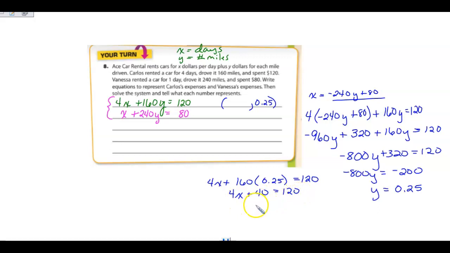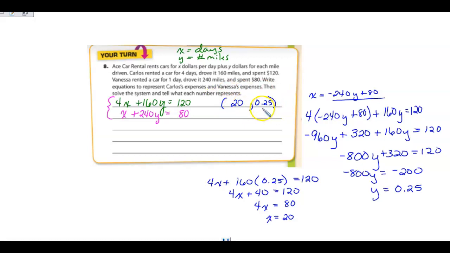Subtract 40 from both sides, I get 80. Divide both by 4, I get x is 20. So my ordered pair is 20 and 25 hundredths.